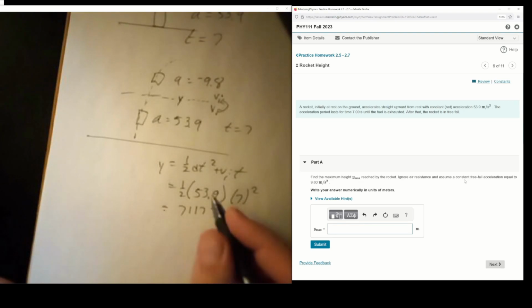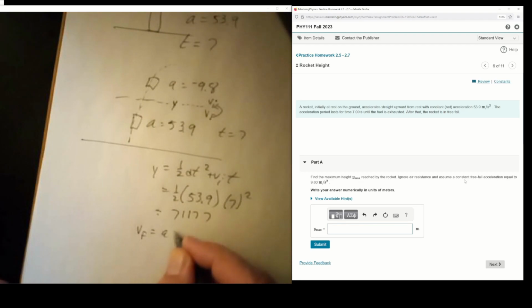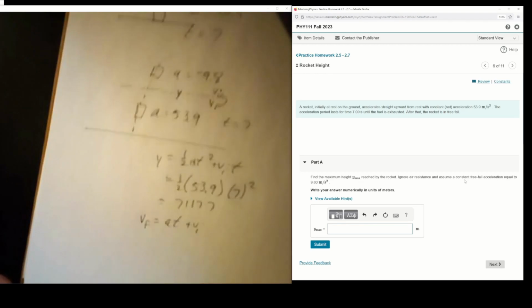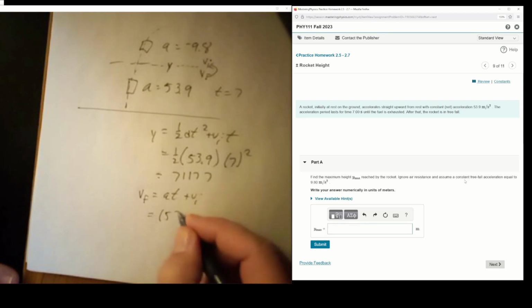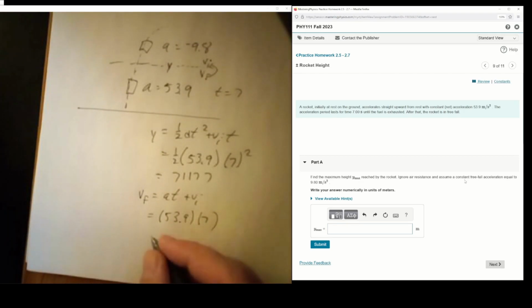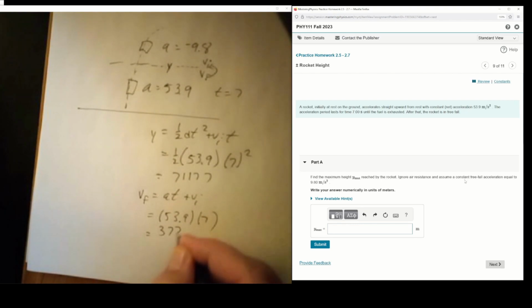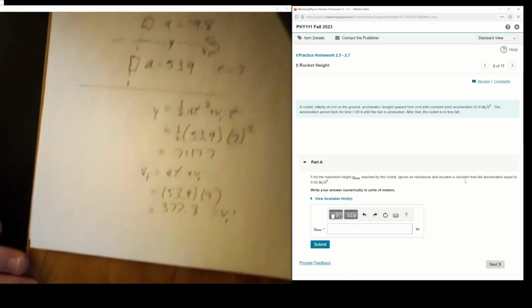So I want to find the final velocity with the acceleration of the rocket and a time of 7 seconds. So this becomes our initial velocity then when we go into free fall.